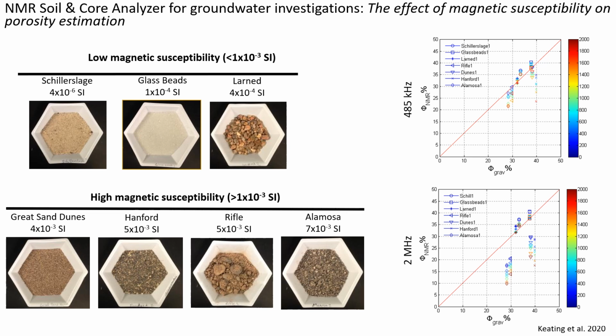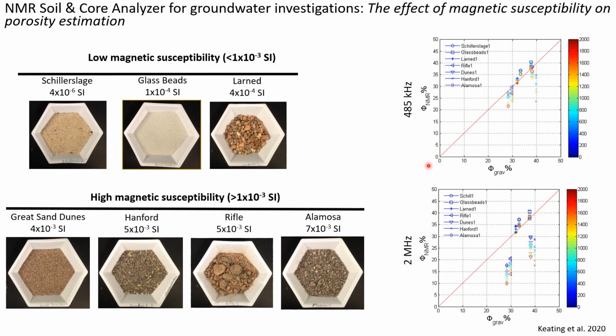So here is a specific example where the NMR soil and core analyzer was used to identify the effect of magnetic susceptibility on estimation of porosity. In this study, multiple samples, each having different magnetic susceptibility values, were tested, and the main finding was that the analyzers that use a lower magnetic field, associated with lower NMR frequencies, are capable of more accurately estimating porosity from samples with high magnetic susceptibility.